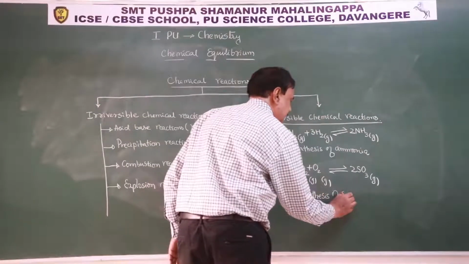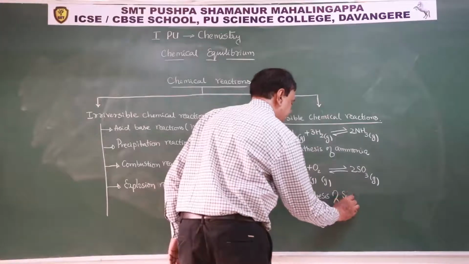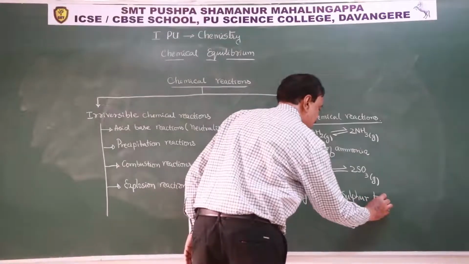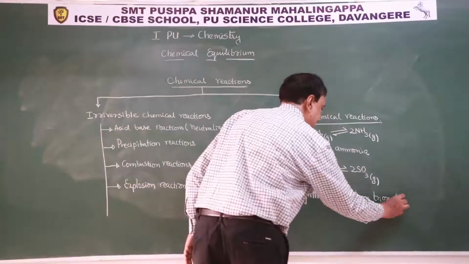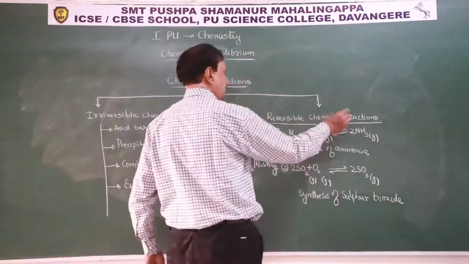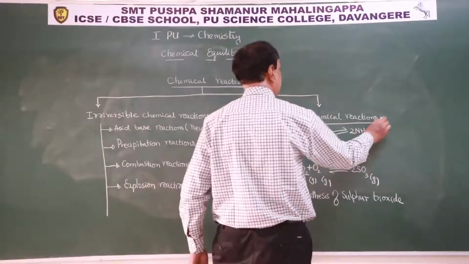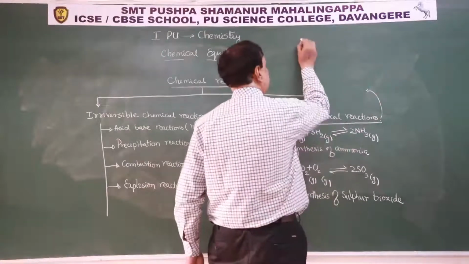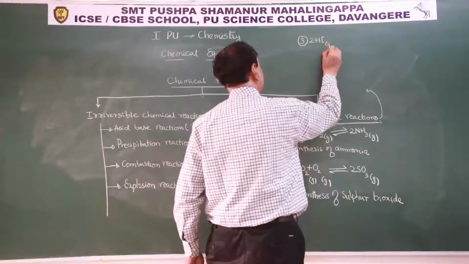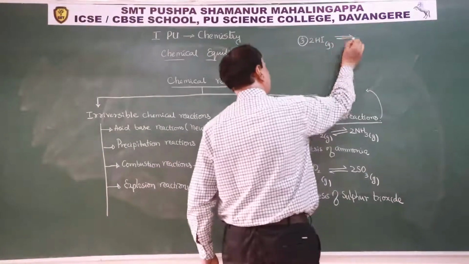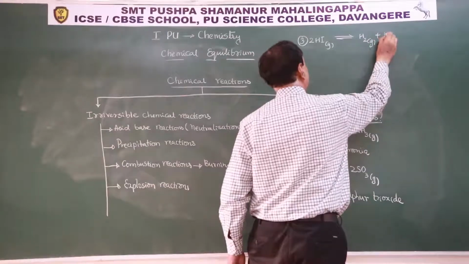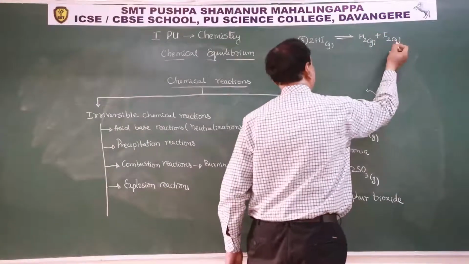And one more example that I will give, example number 3, that is 2HI dissociates to give H2 plus I2.